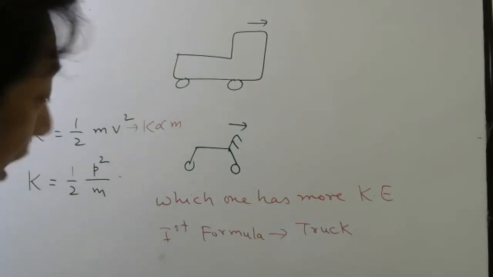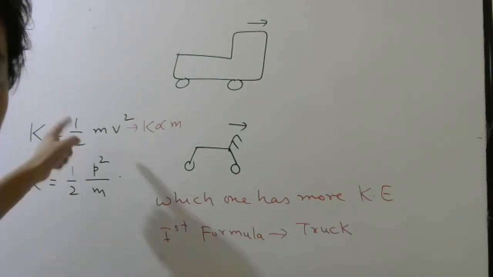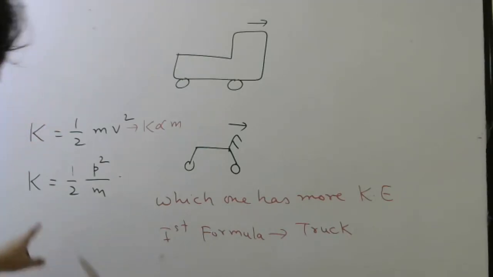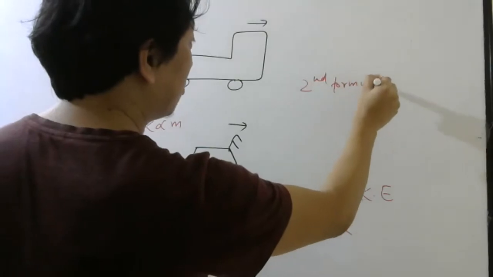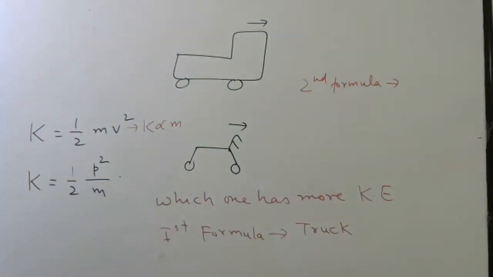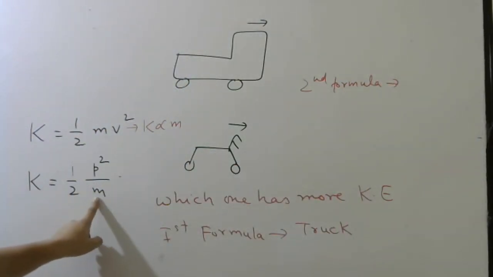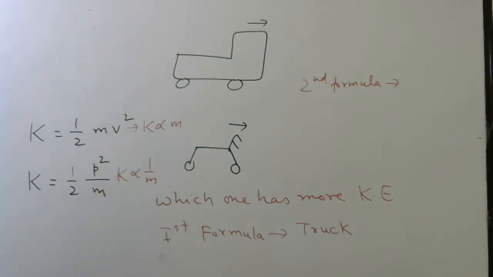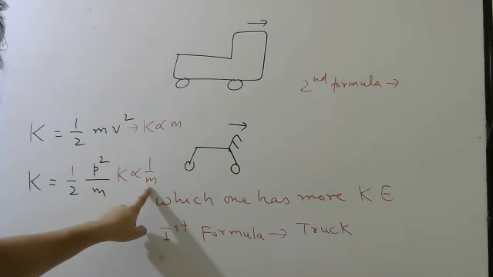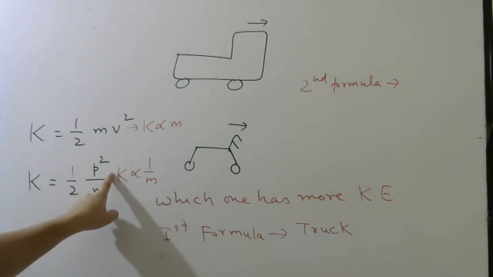Somebody will say, no, I like the second one; just now Channa told, both are correct in their own way. So according to the second formula, which will have more kinetic energy? It is inversely proportional. Inversely means what? If this is less, this will be more. Correct or not?